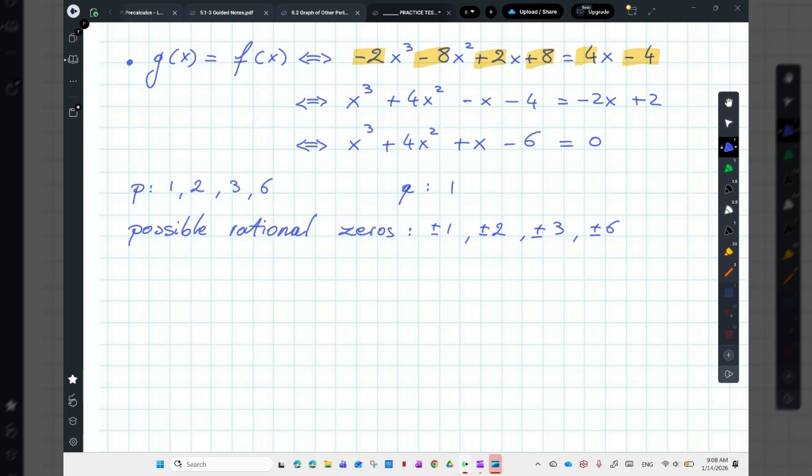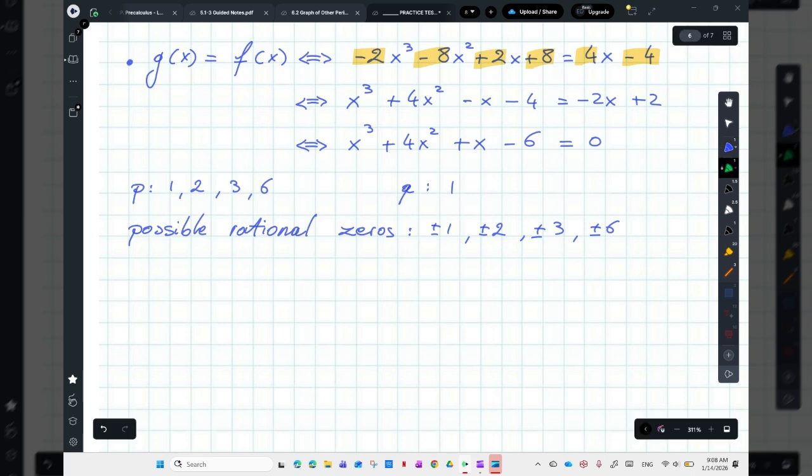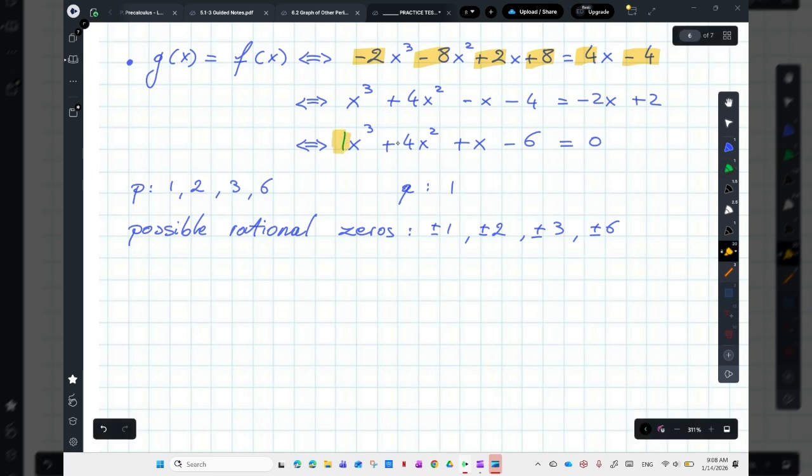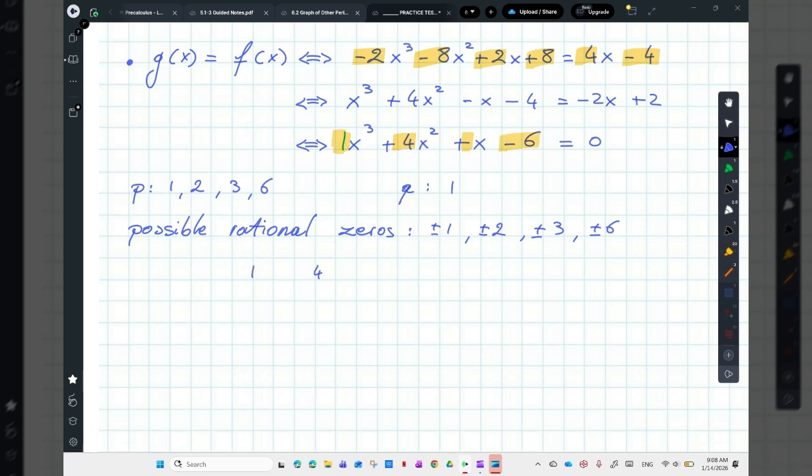Now, I'm going to take the coefficients of these polynomials, so 1, 4, 1, and negative 6.